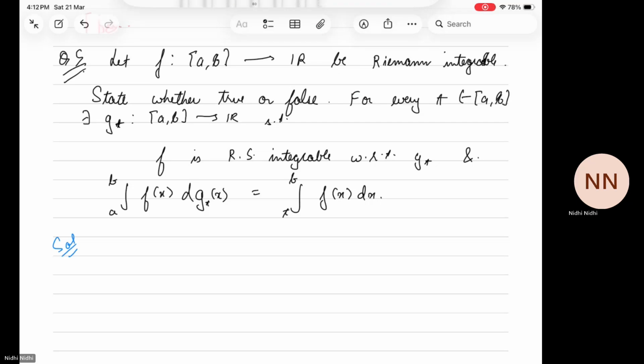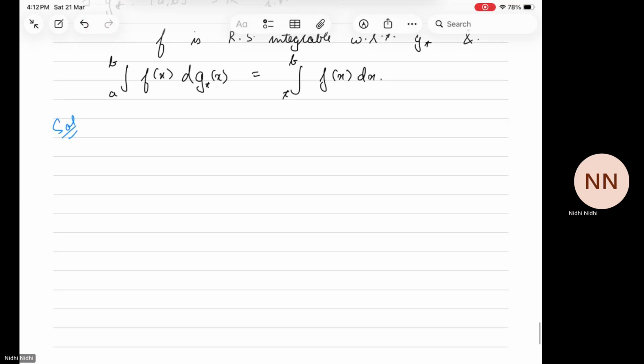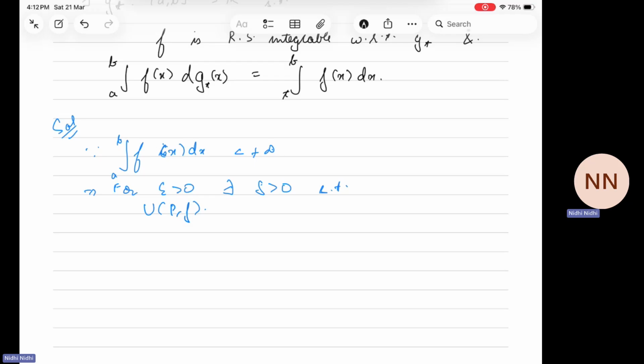So f is Riemann integrable, that means the integral from a to b of f(x) dx is finite. This implies, again by definition, for any epsilon positive, there exists delta positive such that U(P,f) minus L(P,f) is less than epsilon, whenever the partition P is such that its norm is less than delta.